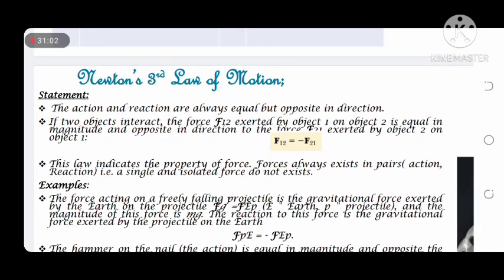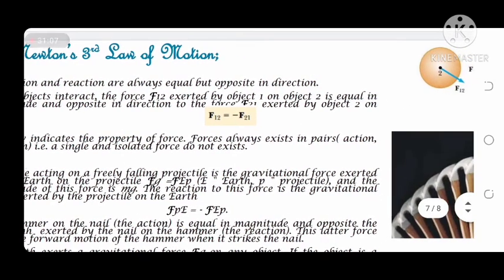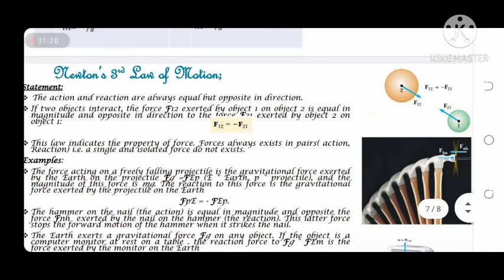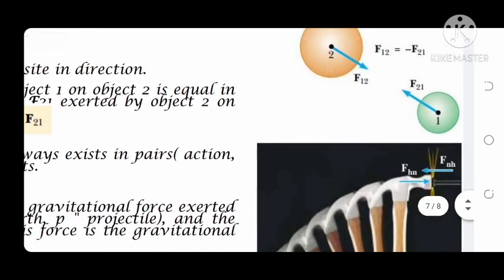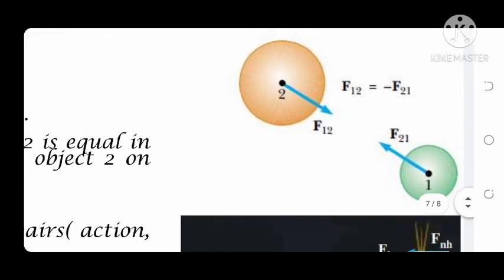This law indicates that forces always exist in pairs. Means if there is some action, it must have some reaction force. The action-reaction force between two bodies is shown in the figure. The two forces on the two bodies and their directions are shown here.